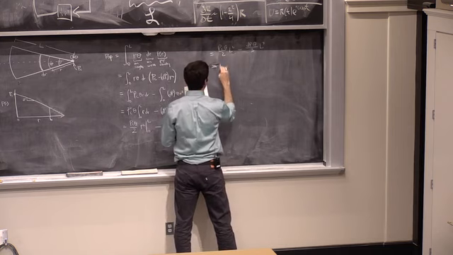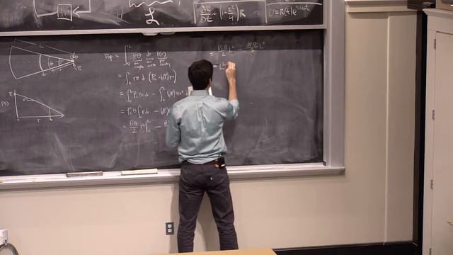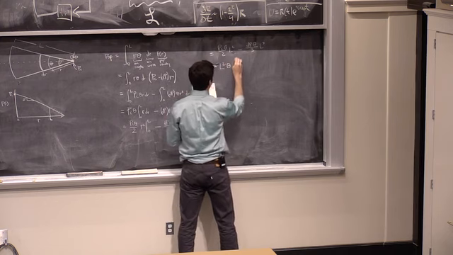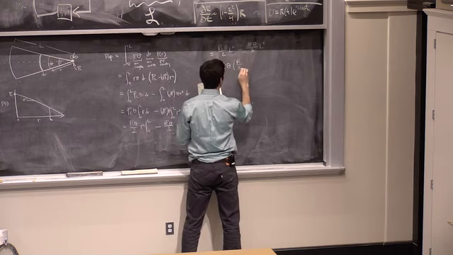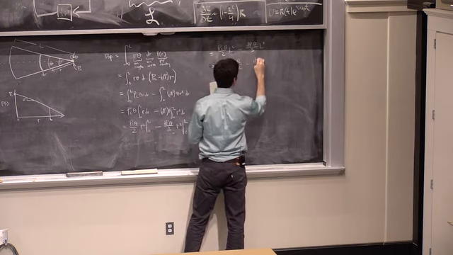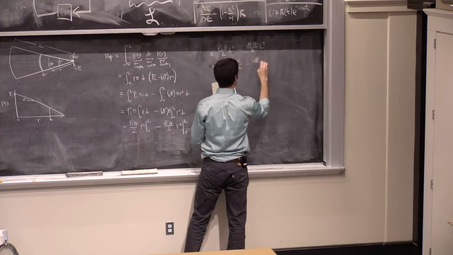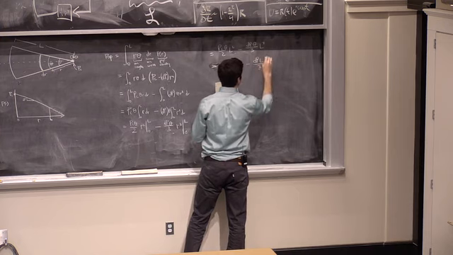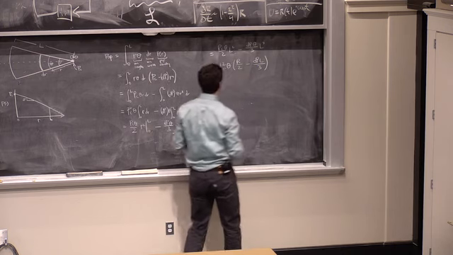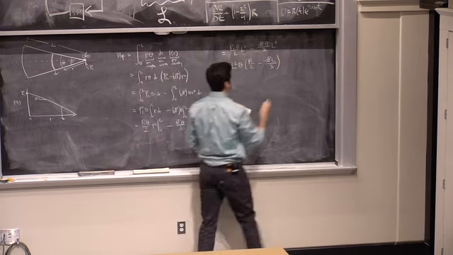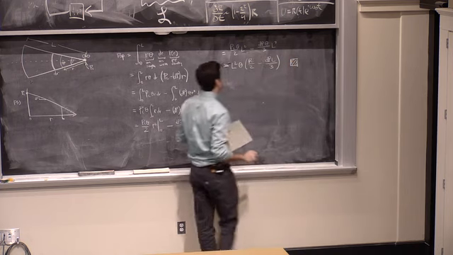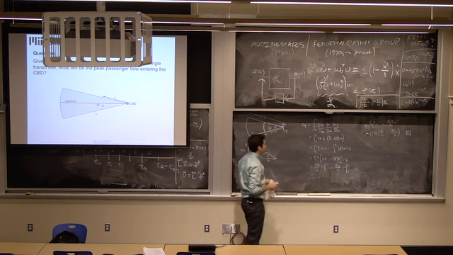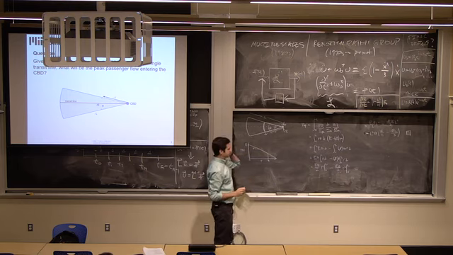And just collecting terms, the ones that look similar, theta L squared times PC over 2 minus dp L over 3. Okay, so this is the population in the corridor. And it's a function of the properties of the corridor, right?